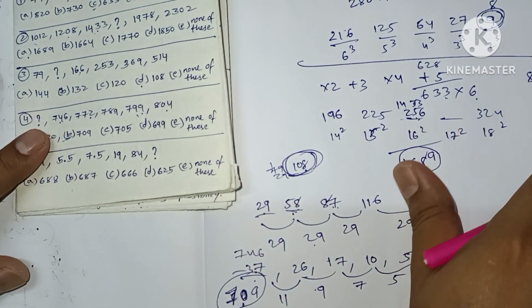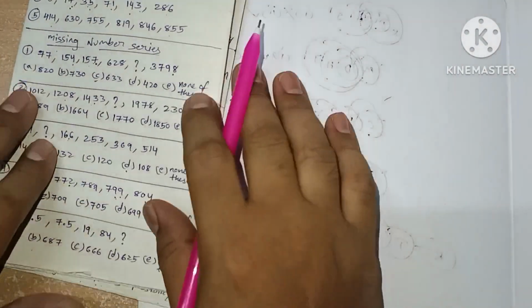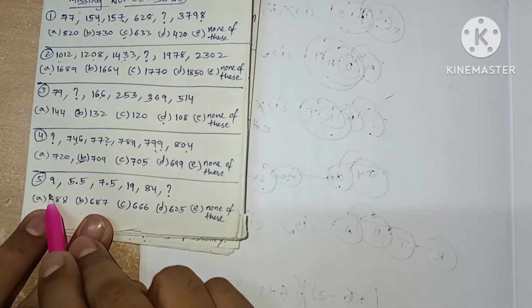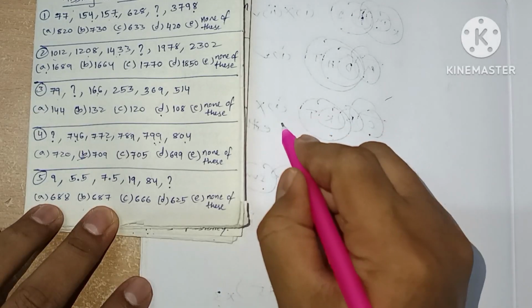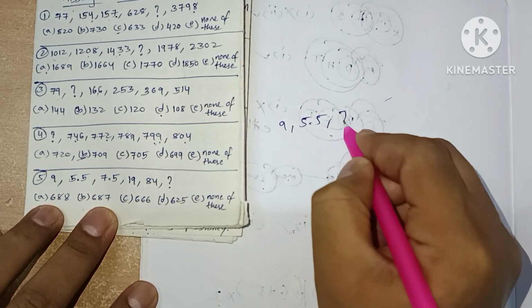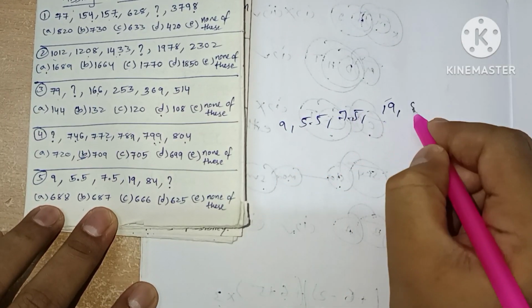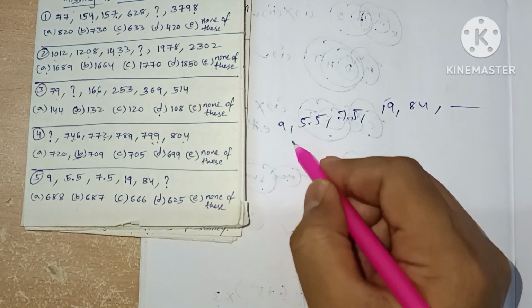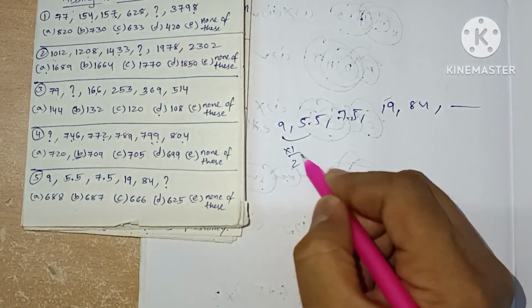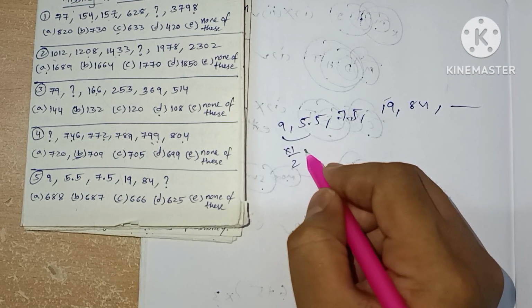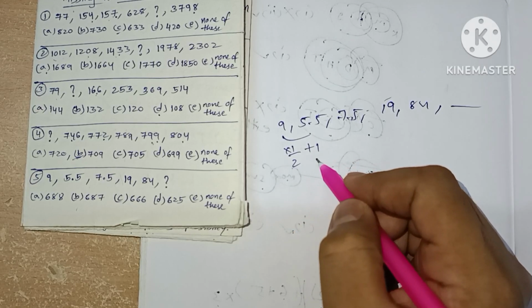Now we are going to see the last question, fifth one. 9, 5.5, 7.5, 1984 and dash. It is times half, 4.5. 4.5 plus 1 will be 5.5.